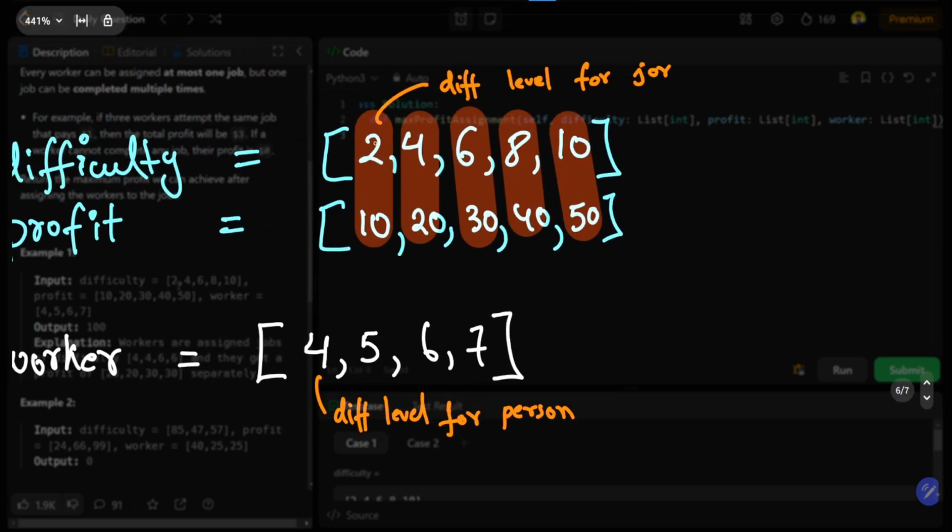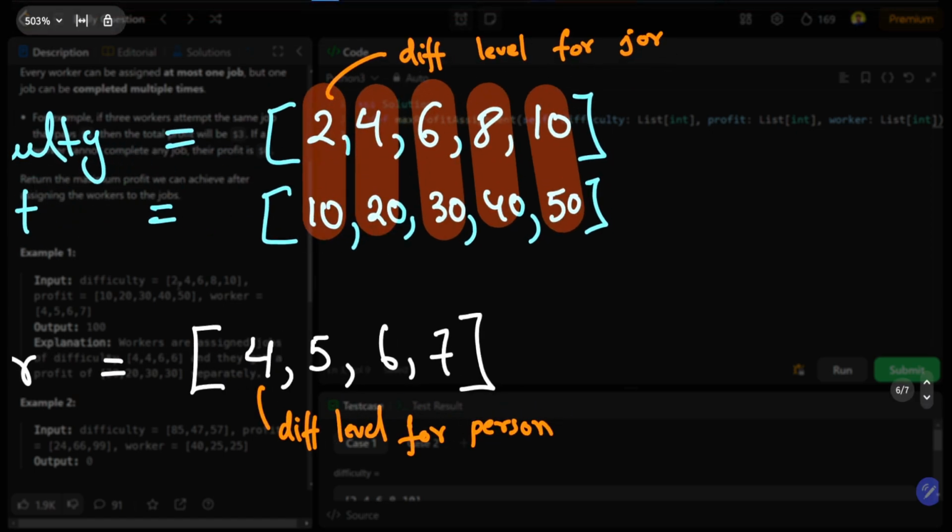With difficulty level 2, I can get 10 profit. With difficulty level 4, I can get 20 profit. So this person will say, okay, I got 20 profit because I can do this sort of job.